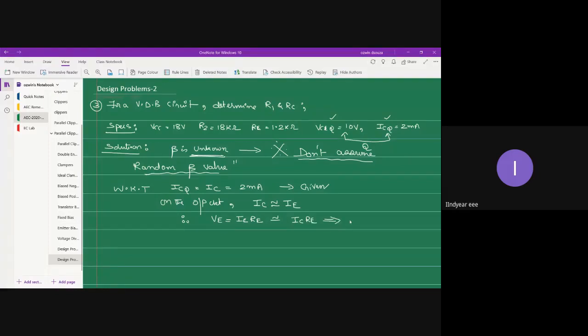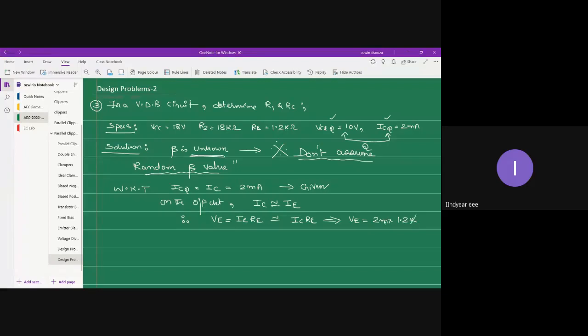RE is given, right? So the emitter to ground voltage VE is equal to 2 milli into 1.2 kilo.